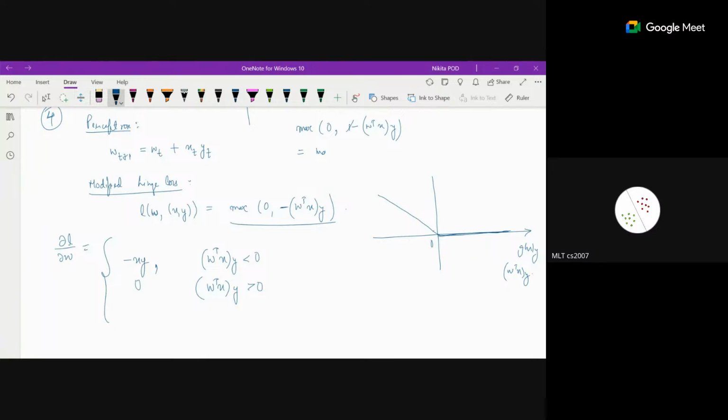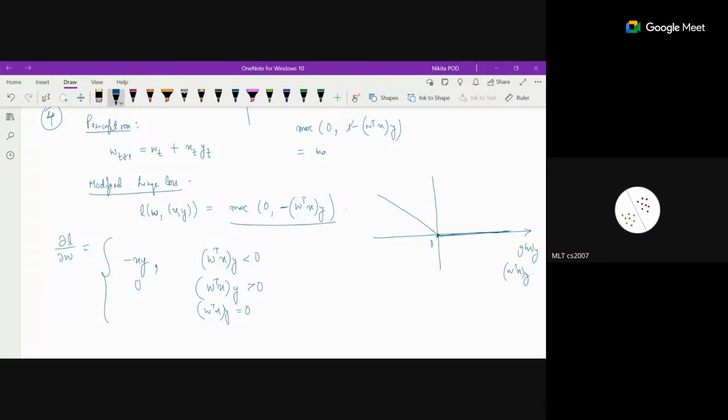But if we look at w transpose x times y being exactly equal to 0, this is a place where the function is not differentiable, so of course I cannot differentiate it.